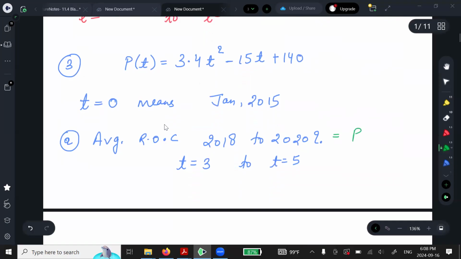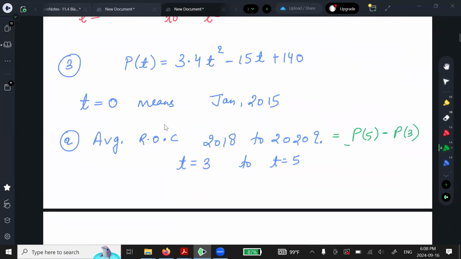What is the formula? P5 minus P3 divided by 2. It's the same formula. The only difference is now I have a function and I just have to be careful how I'm counting my time. Time in years, time in weeks, time in months. Just be careful how you're counting it, okay?